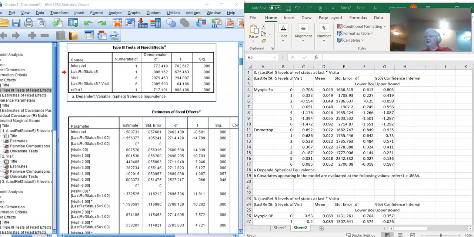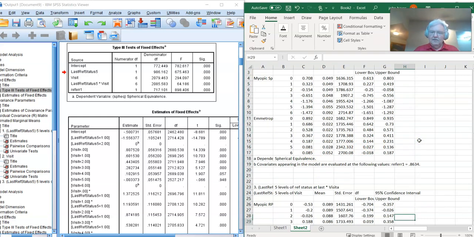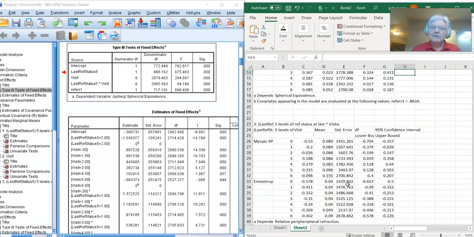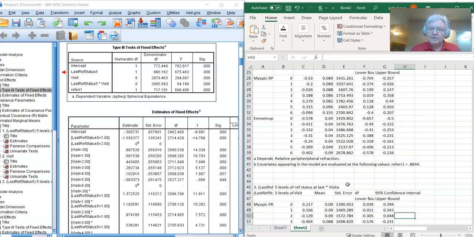Let's look at relative peripheral refraction between myopes and emmetropes. Okay, so that's going to be down here. So we're going to look at comparing year 1 with myope, year 1 with emmetrope. And, oops, that's peripheral refraction. Relative, oh wait, yep, that's relative peripheral refraction.